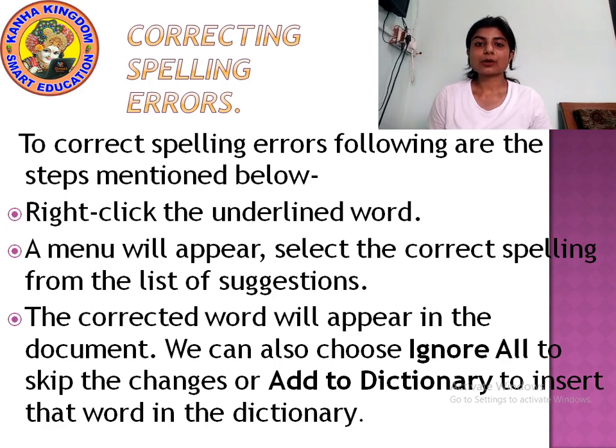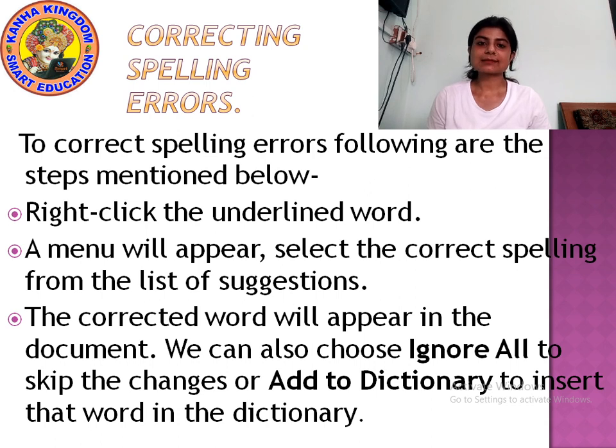If you want to keep that spelling as you have typed it, you can choose the Ignore All option, or click on Add to Dictionary. That word will be added to the computer dictionary, and after that you can keep on typing the text or word that you want.